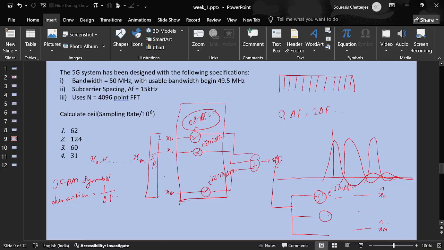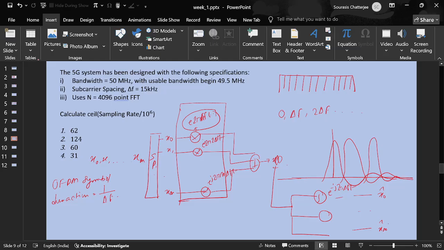And I also see that in the OFDM symbol duration, if you are doing an N-point FFT, basically you need to take N samples, right? So in an OFDM symbol duration, you are going to take N samples.